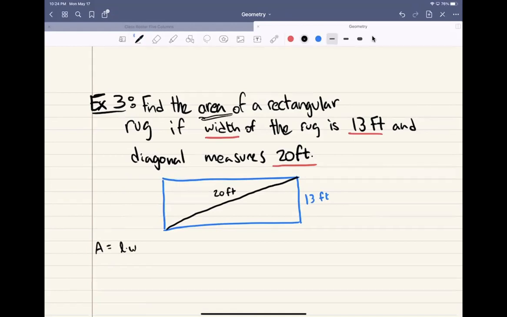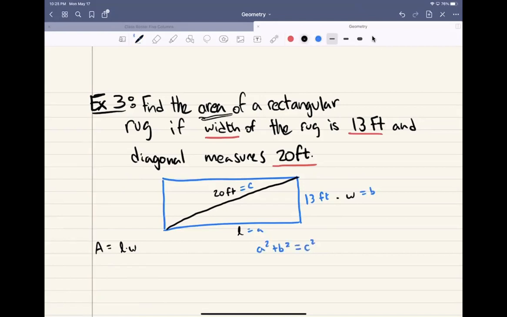We have the width. Now we need to find the length, so that's our unknown. Remember, we can call this A, we can call this B, and this is C. So we have A squared plus B squared equals C squared.